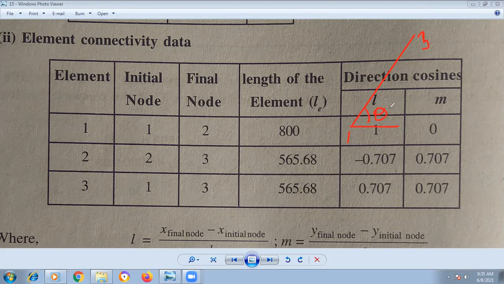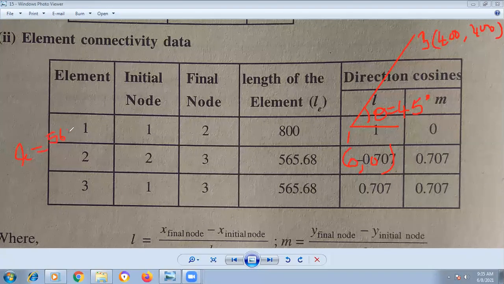So obviously this will be equal to, can anybody tell me, 45 degrees itself, right? This lies in the first quadrant. So coordinate for node number 3 is 400, 400. Coordinates for node 1 are 0, 0. Now tell me, the length is again, even if you calculate, it will be same, because height and remaining things are same.